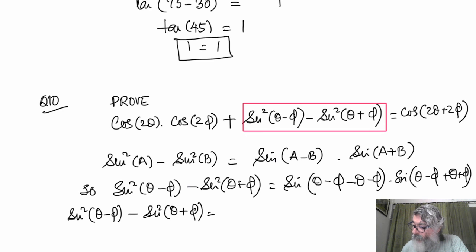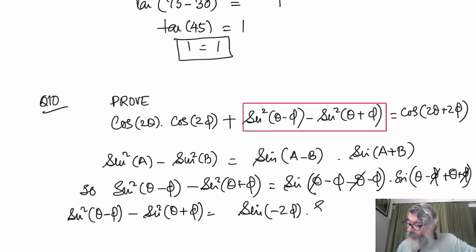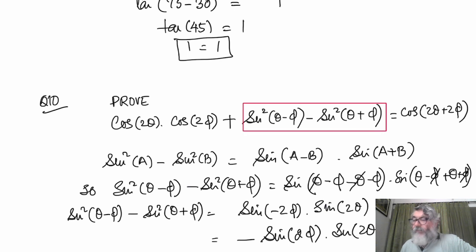This minus theta plus theta will cancel, minus phi plus phi will cancel. You will get sin(minus 2 phi) and this will be sin 2 theta, which will become actually minus sin 2 phi sin 2 theta. Why? Sin(minus theta) is equal to minus sin theta.